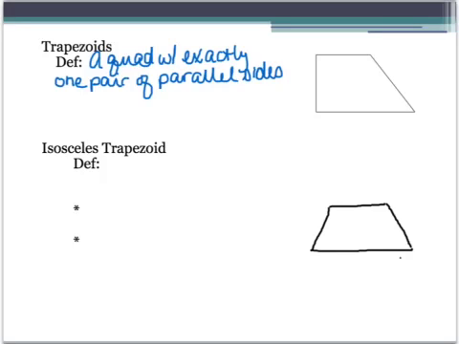Okay, so at our diagram on the right, we are going to label the parallel sides. Now the sides that are parallel, those are called our bases, which means the other two sides are called legs.